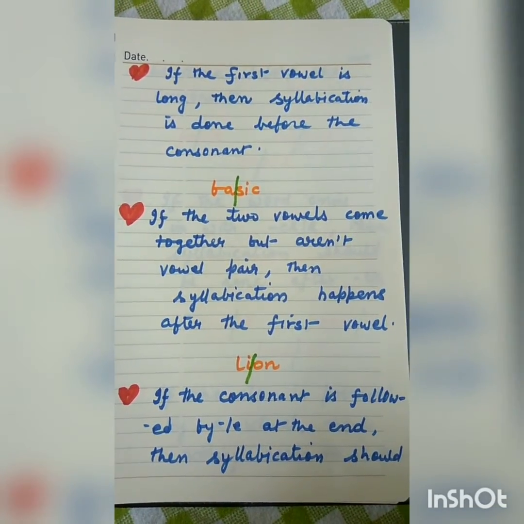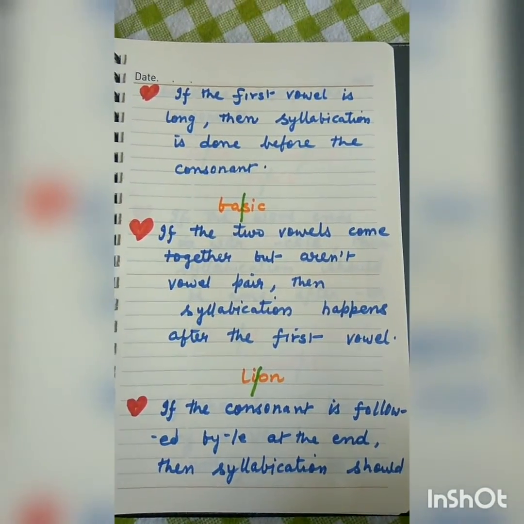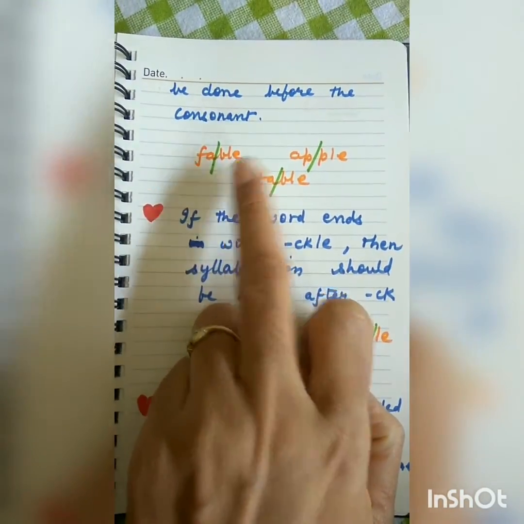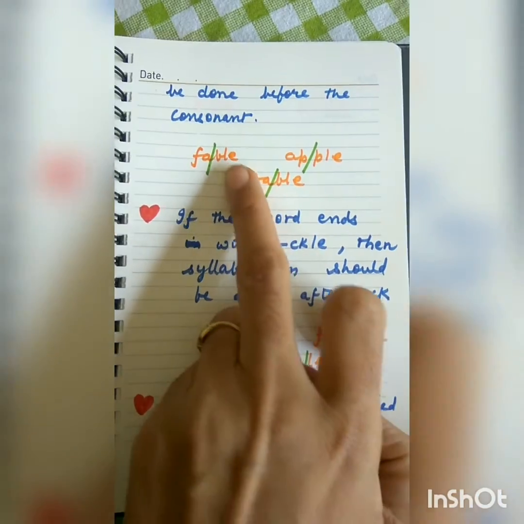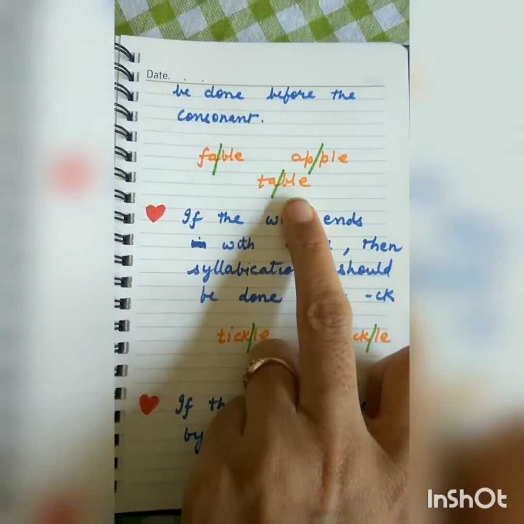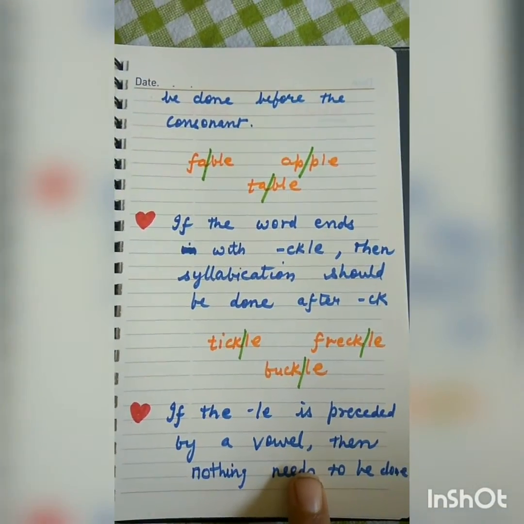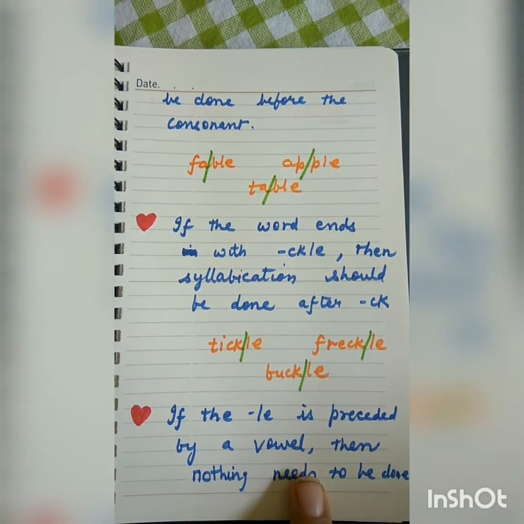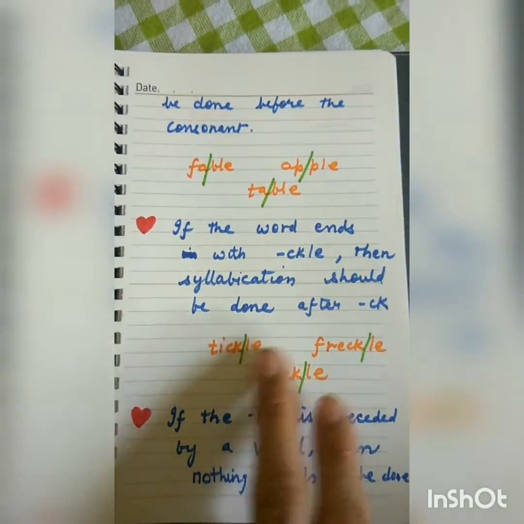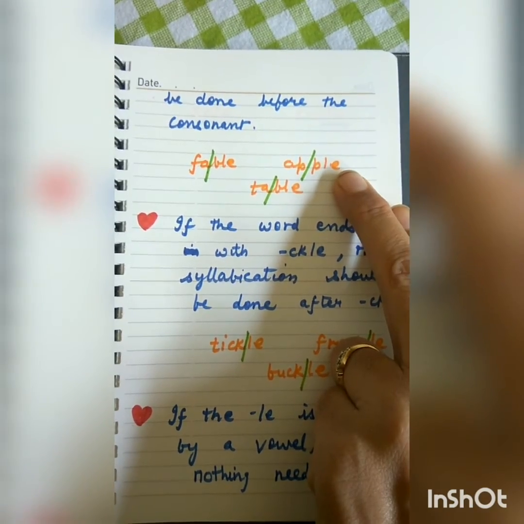If a consonant is followed by LE at the end, then syllabication should be done before the consonant. Fable, apple, table. So we are taking BLE, PLE and BLE again. If the word ends with CKLE, then syllabication should be done after CK. In the previous rule, we saw that the consonant goes with the LE.